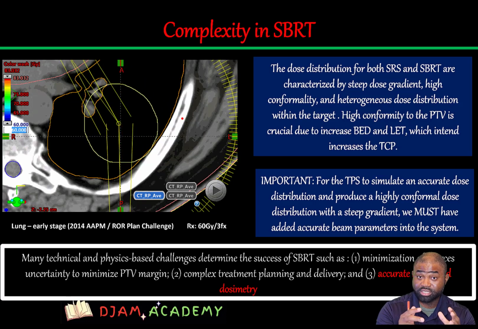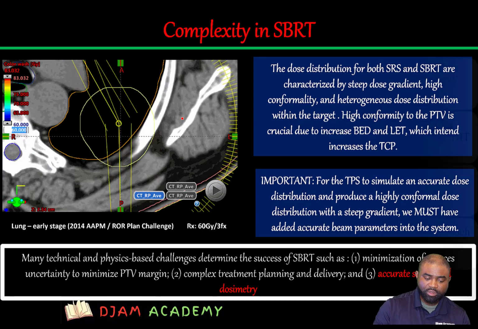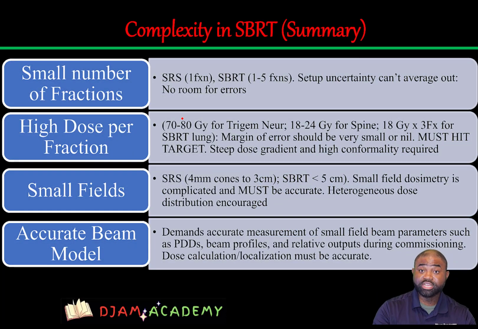And to be honest, the measurements of these parameters for small fields is very complicated. And so to summarize the factors that make SRS very complex, one, listen attentively, is the fact that we deliver these treatments in very small fractions, typically 1 to 5.